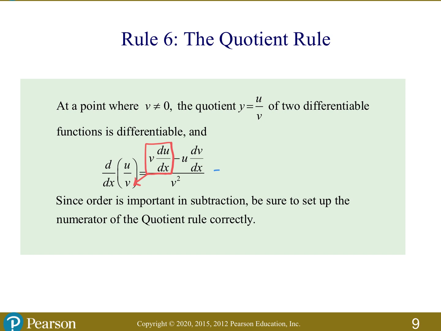So you might also see this as b times a prime minus a times b prime all over b squared. So last year we learned low d high, right? So we always start with the low first. So low d high, minus high d low, and then you subtract over the b squared. So order is super important in this one.